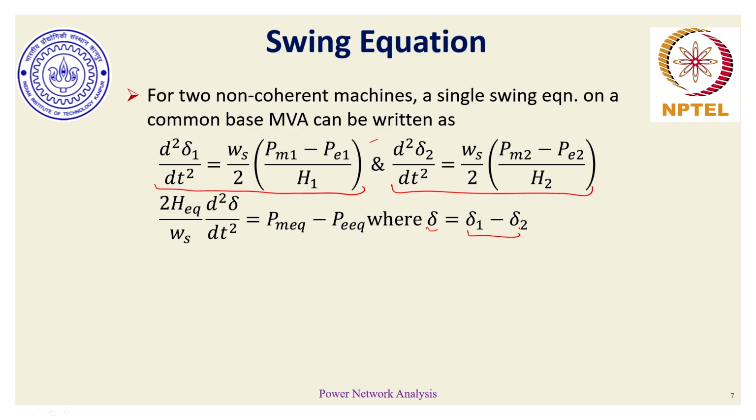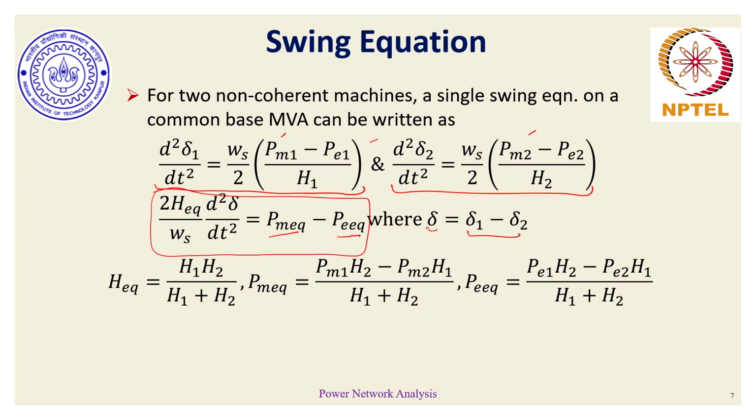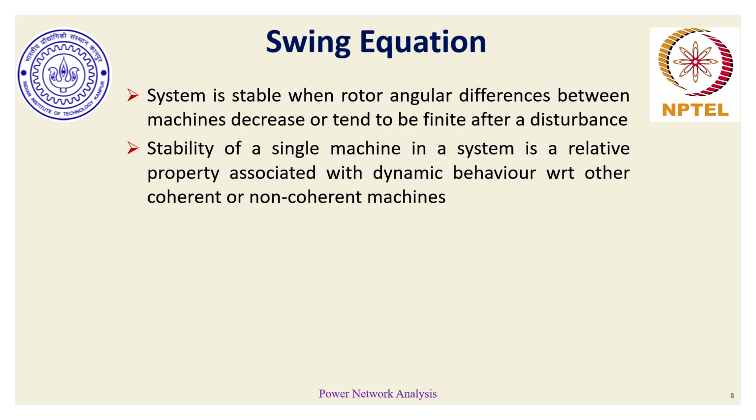So we are basically subtracting the second equation from the first equation, and we can write one common swing equation for 2 non-coherent machines, where HEQ, PMEQ, and PEQ are the respective H, input mechanical power and electrical power output equivalent terms as defined in terms of individual machine constants H1, H2, PM1, PM2, PE1, and PE2.